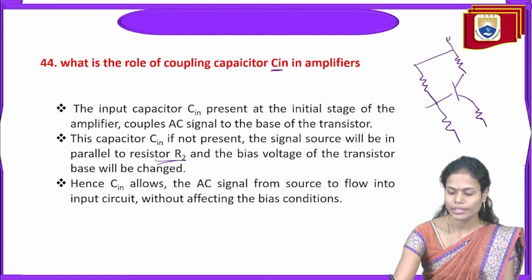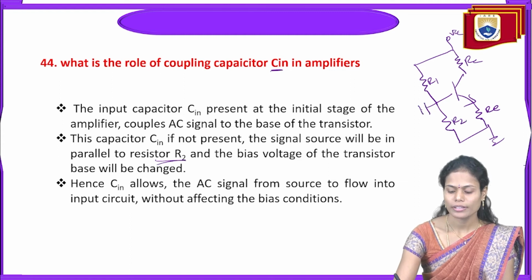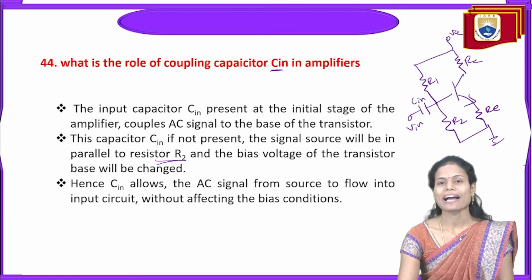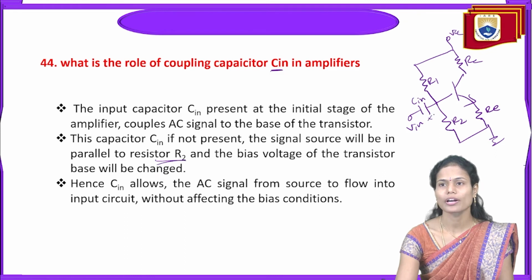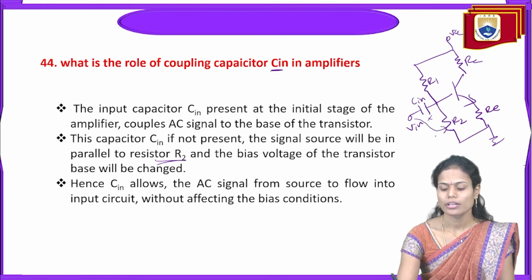For this amplifier, this is RC, RE, R1 and R2. We are coupling the AC input signal through the coupling capacitor Ce in here through this. So if this particular capacitor is not present here, it is combining with this R2 resistance and the biasing provided for the base of this transistor will change here.